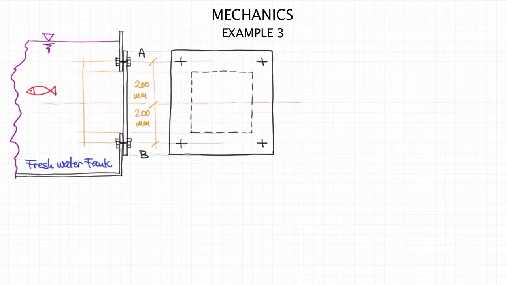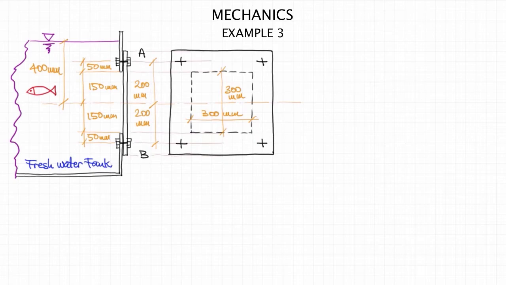Now distances from the bolt to the edge of the opening, 50 millimeters, both at the top and the bottom, so everything is symmetric really, and 150 millimeters from the center line to the edge of the opening, which of course is 300 millimeters tall and also 300 millimeters wide, so it's a square opening really. The top of the fluid, of the water, is located 400 millimeters from the center line of the door and of the opening.